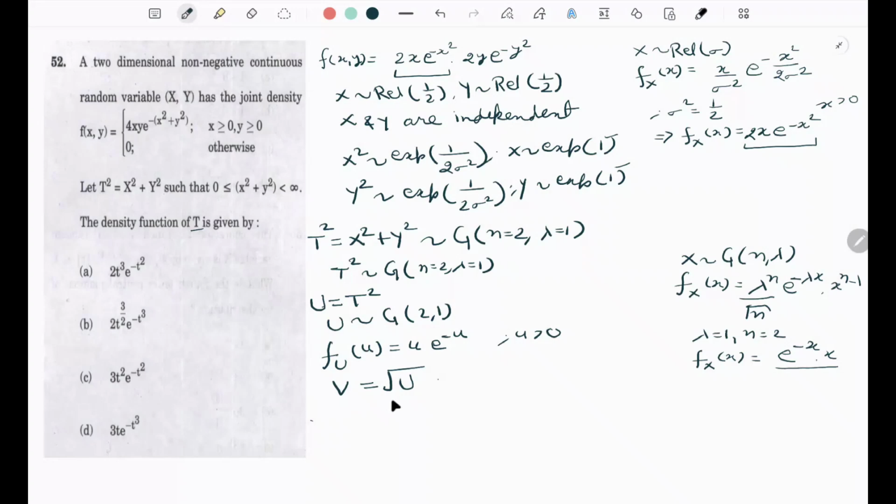From here this problem changes to a transformation problem.